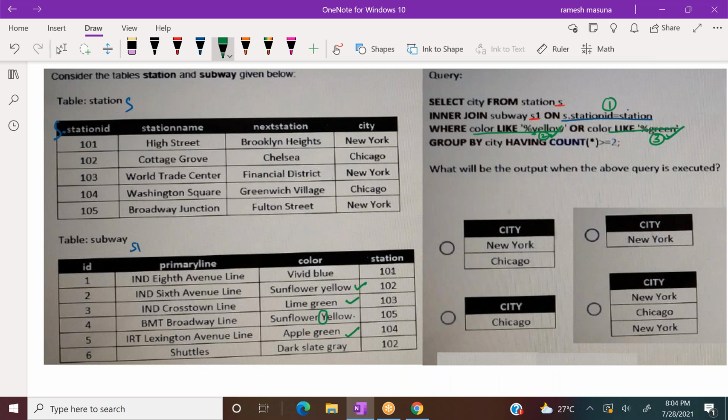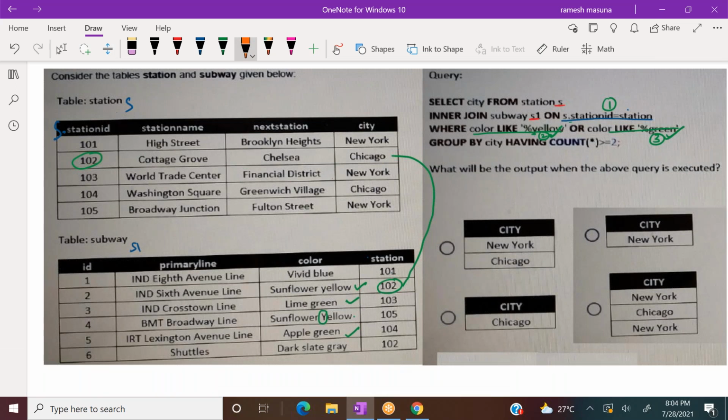This is the first condition: S station ID equal to station. These are the only matching records to be verified. 102 is matching with 102. This is a 102 record and this is also here. This is S dot station ID equal to station, and this 102 matches with only one record.